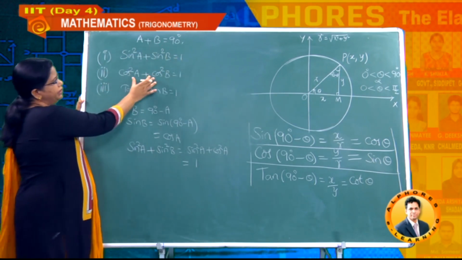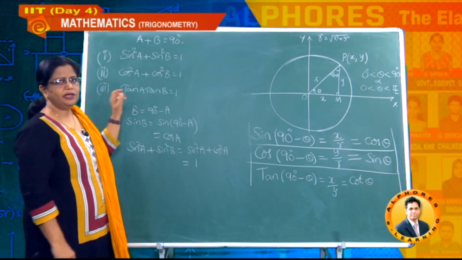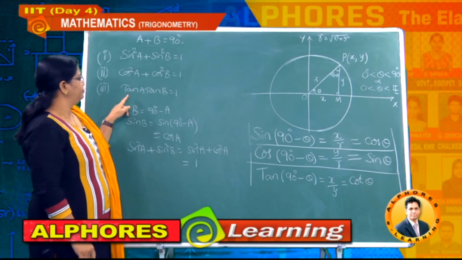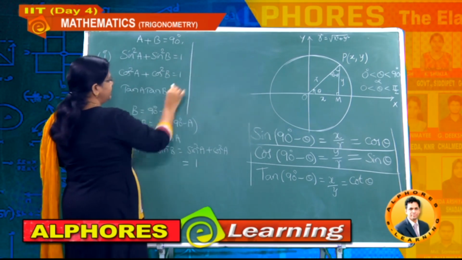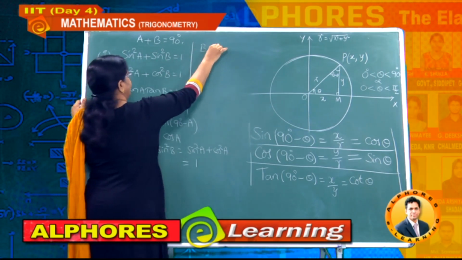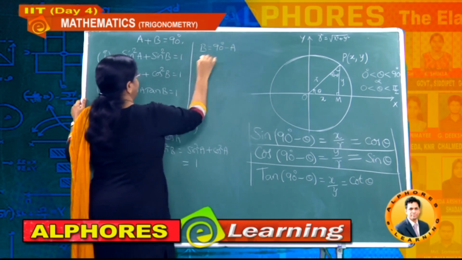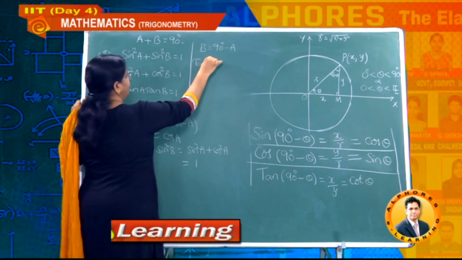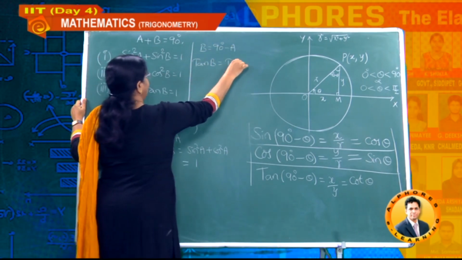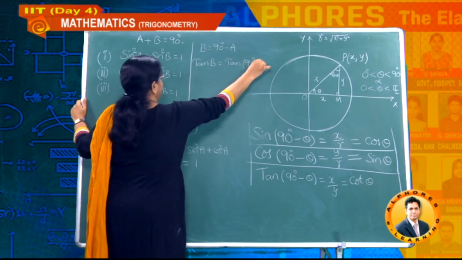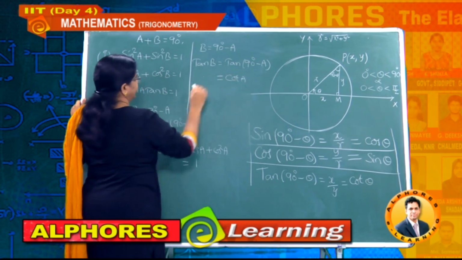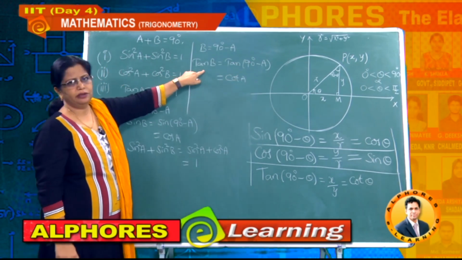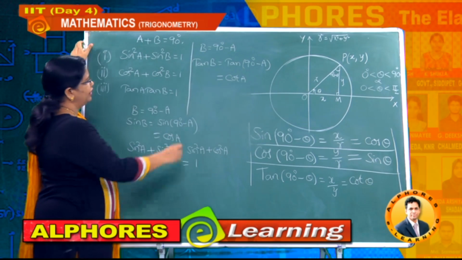In the same way cos square a plus cos square b also you can write as 1. Then this one also we know about, here b is 90 minus a, then if you take tan function, tan b equal to tan of 90 minus a. Tan 90 minus a, what is the value? Cot a, and therefore you got tan b equal to cot a.